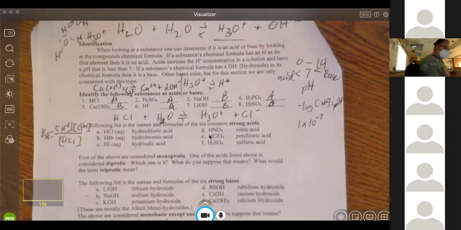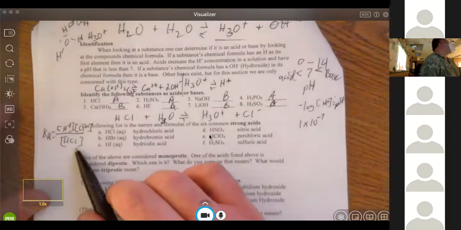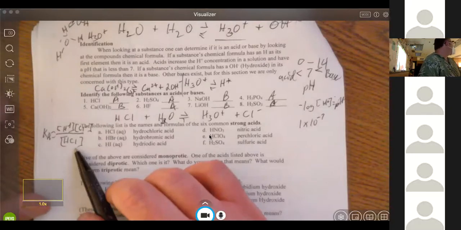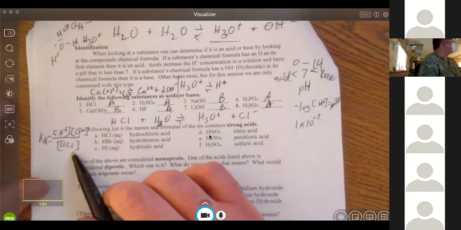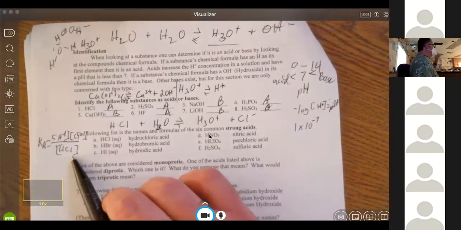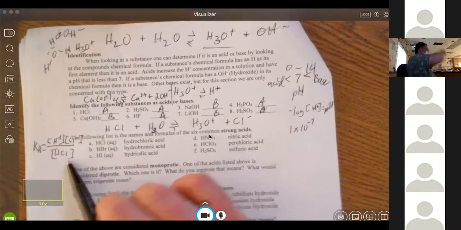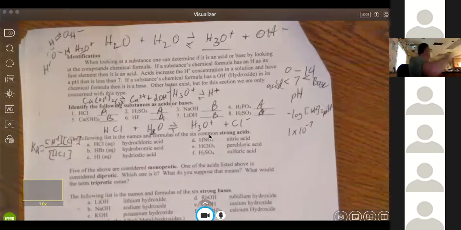Can HCl do hydrogen bonding? No. Remember the 3 elements that can? NOF. So HCl cannot do hydrogen bonding, so you're not going to have that intermolecular force holding the H onto the Cl. So it completely goes off, 100% of it.